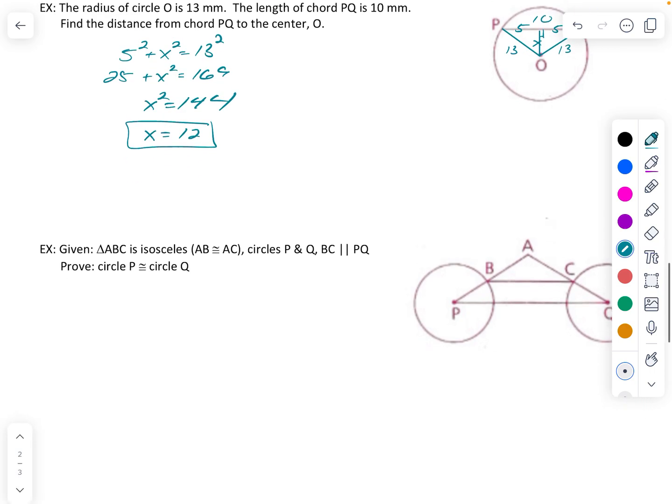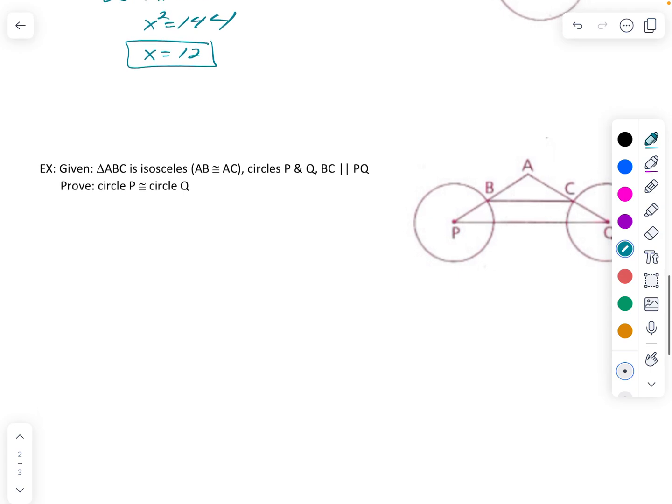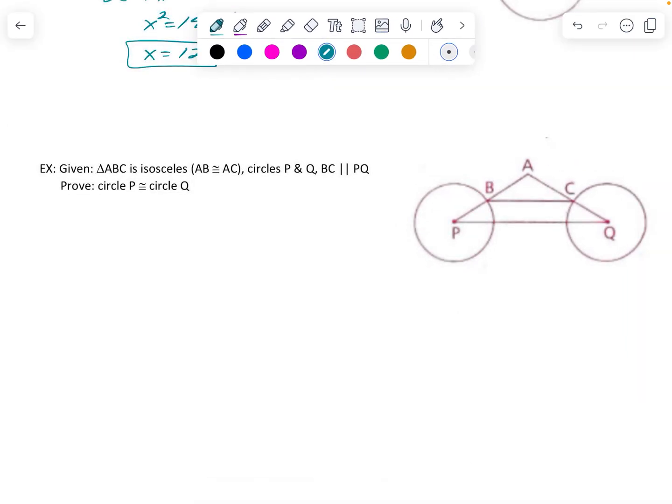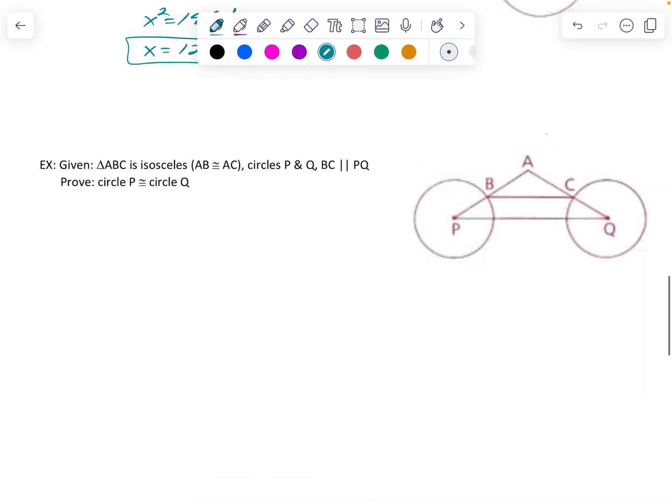All right, for this last one, we have that ABC is isosceles. Let's write it down.